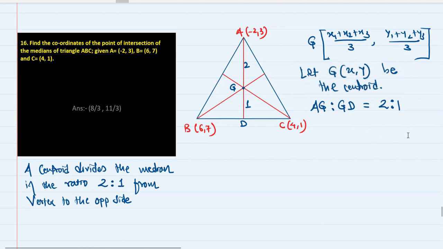Let G be the centroid, AG is to GD is equal to 2 is to 1.